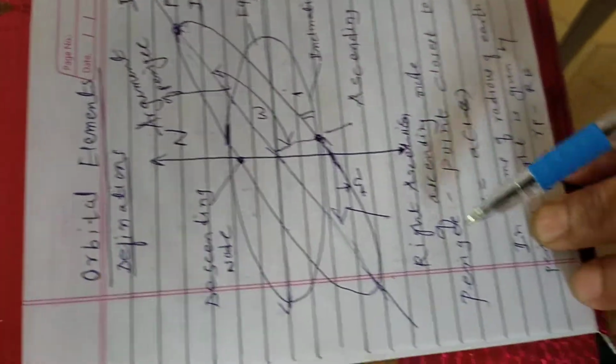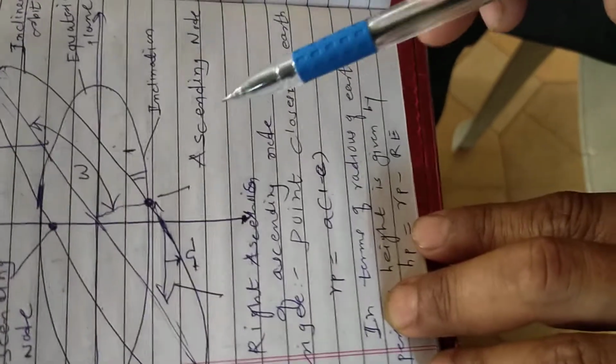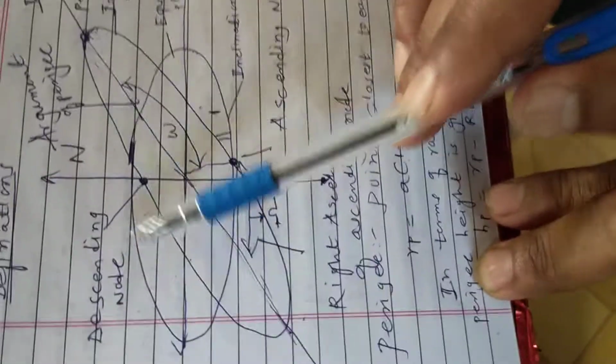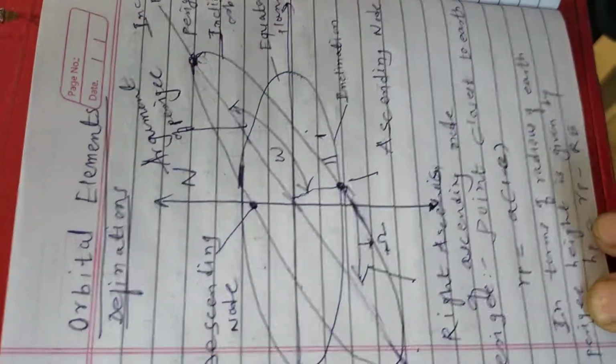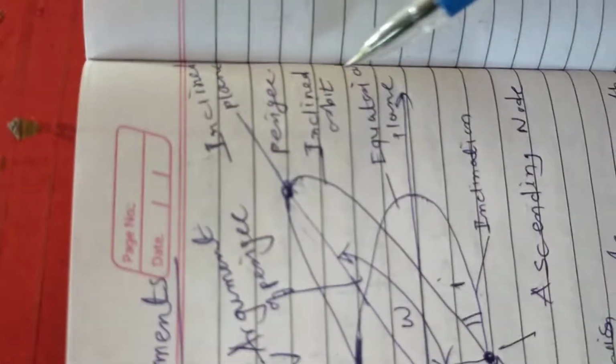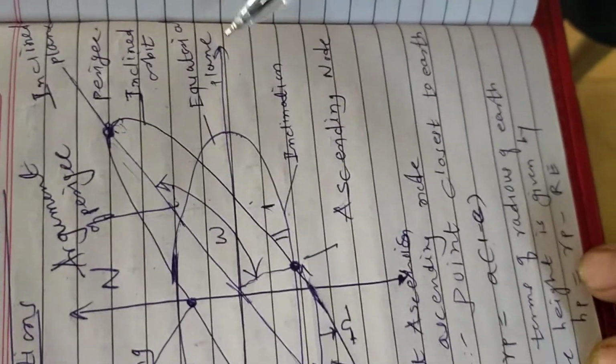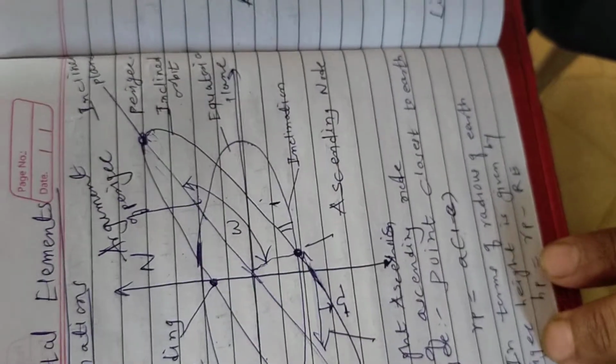That is perigee, apogee, line of apsides, then what is ascending node, what is descending node, what is argument of perigee, then what is inclined orbit. All these definitions we have to study. If we study these definitions, then we will easily understand satellite communication.